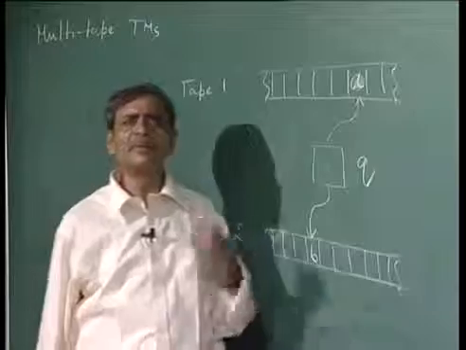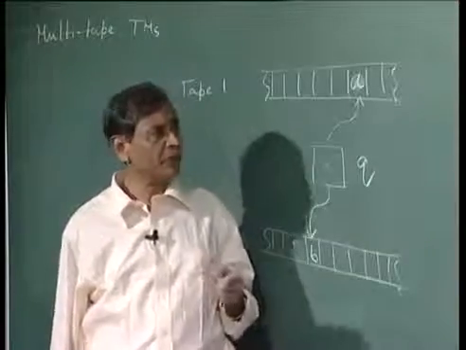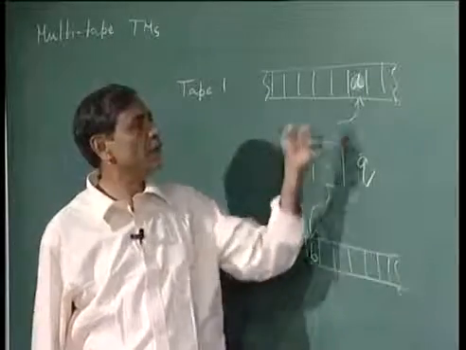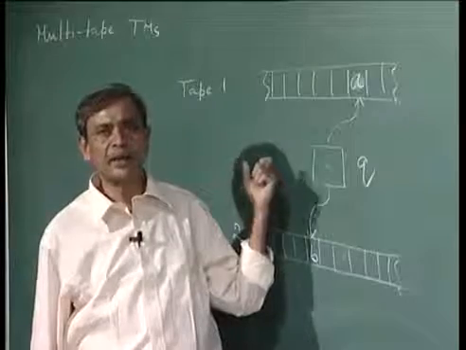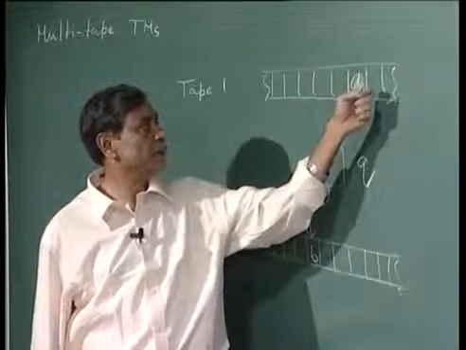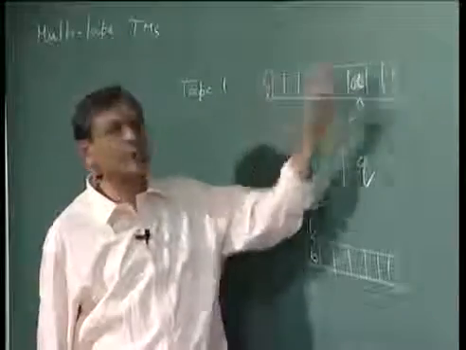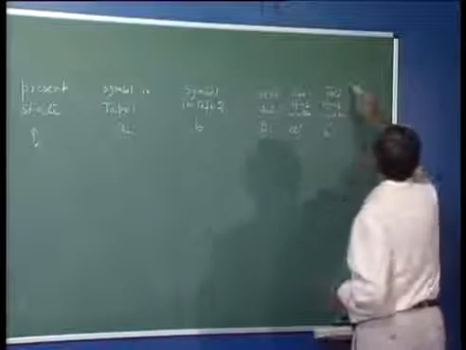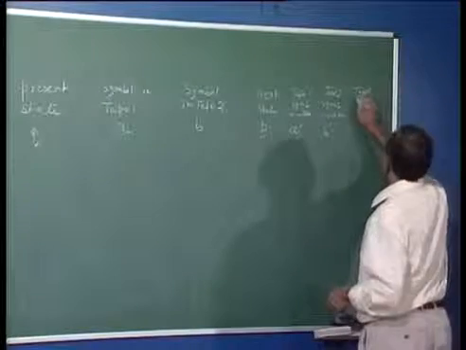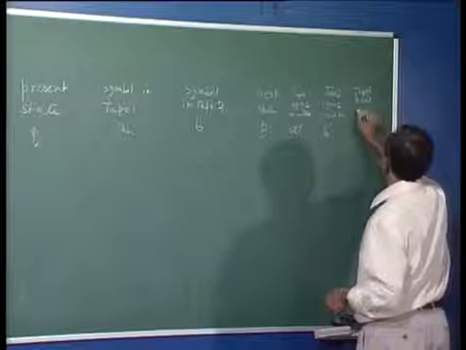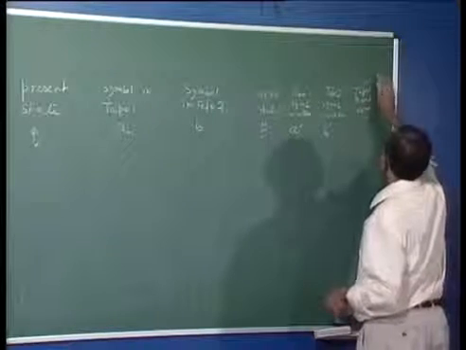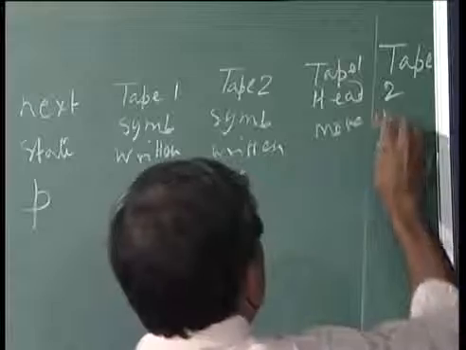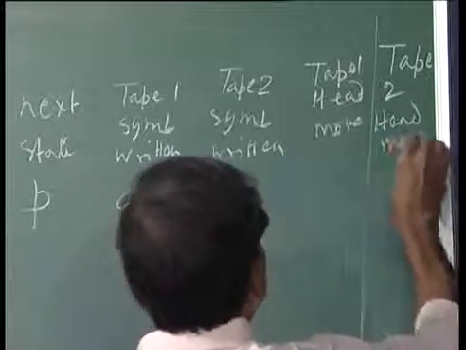No, since we are talking of generalizing the capability of the Turing machine, these moves can also be independent, in the sense one can move to the left, other can move to the right, or this can move to the right, this can move to the left, or both can move to the left, both can move to the right. So, we will say tape 1 head move and tape 2 head move, right.